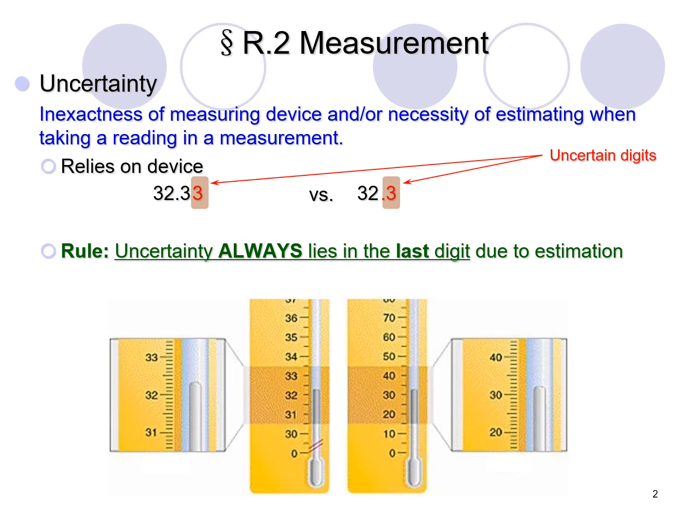With this rule, we cannot write the number with as many digits as we want, because we need to be responsible and let people know what our last digit is, because that last digit is uncertain. All we need is just one uncertain digit.